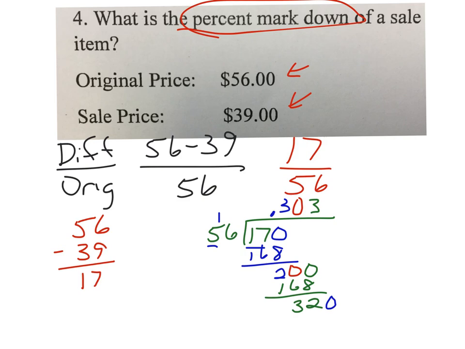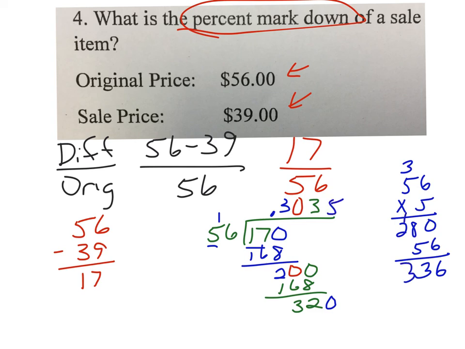Let's see how many times. 56 times, we're going to guess 5. So 30, 25, and that's 280. And can we get another 56 in there? And that's 6, 13, so 330 is too much, so that is a 5. So we could finish there.